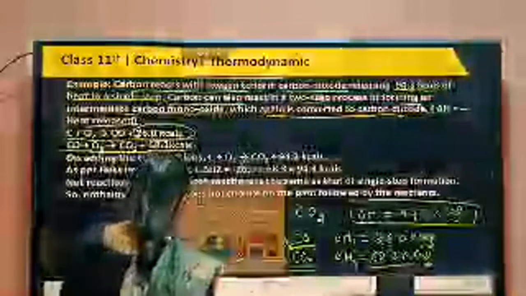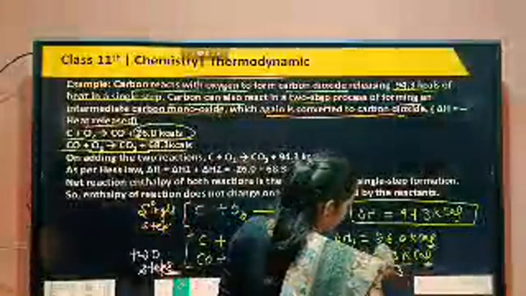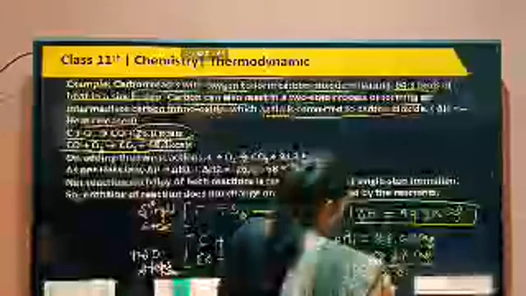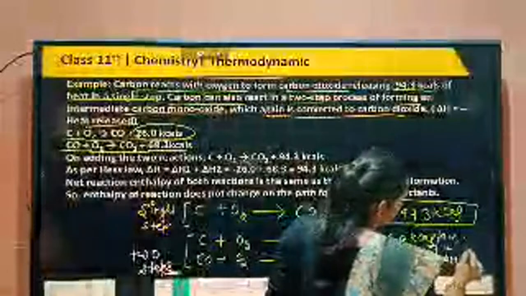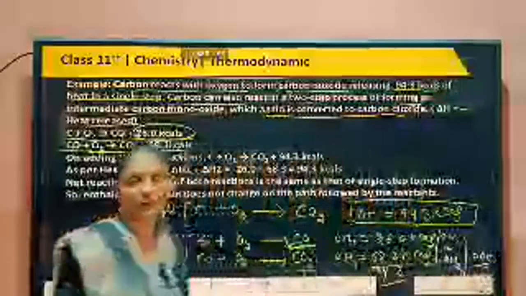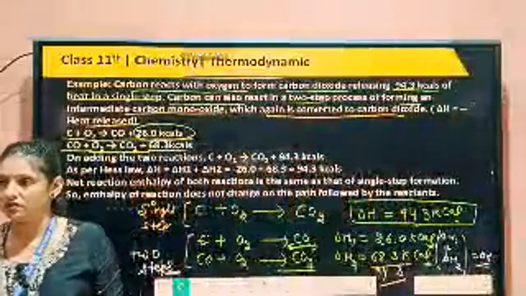So add these, del H1 plus del H2 will be equal to del H. Clear or not? Is this law clear or not?